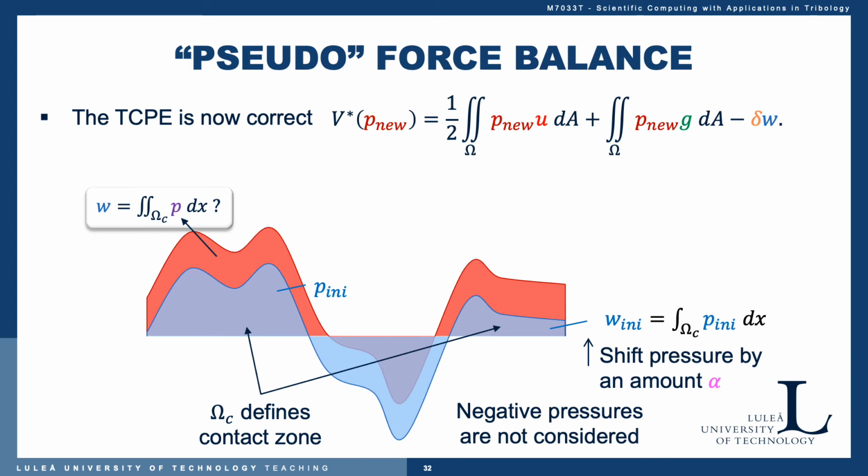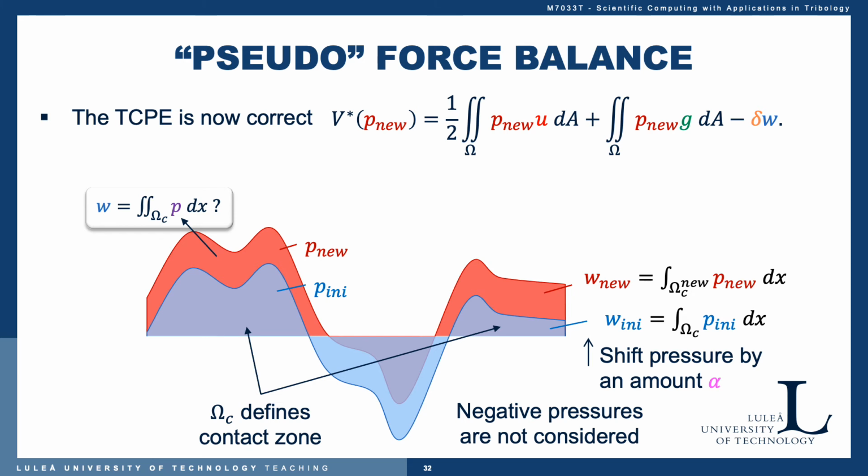If the initial is less than the applied load, we should of course shift our pressure up by an amount alpha. Doing so, we need to reconsider the contact zone, or the sort of virtual contact zone where the pressure is positive, and we re-evaluate the integral of the new pressure, which is shifted by an amount alpha.